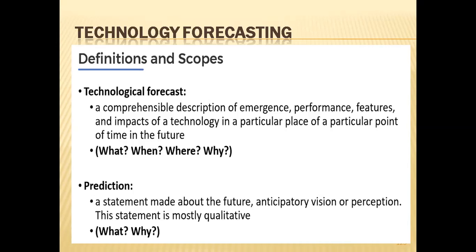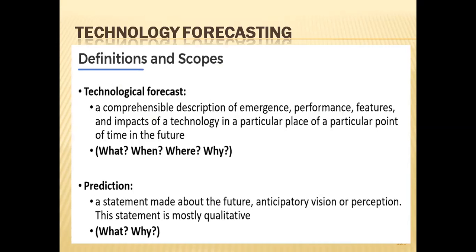In simple words, it is what you want to do, when you want to do it, where you want to do it, and why you want to do it. What starts with the need, why is the problem, when is the time limit, and where and how is what you are doing to solve it.